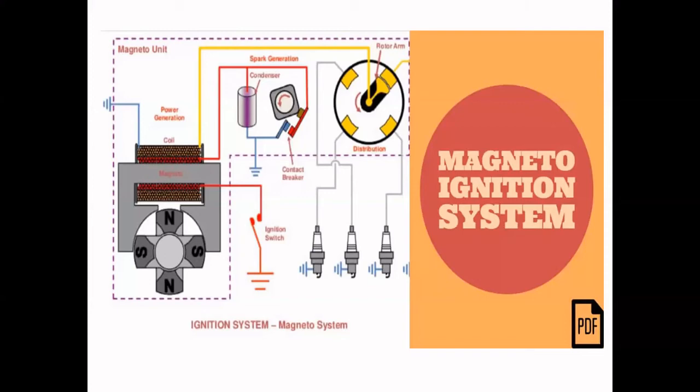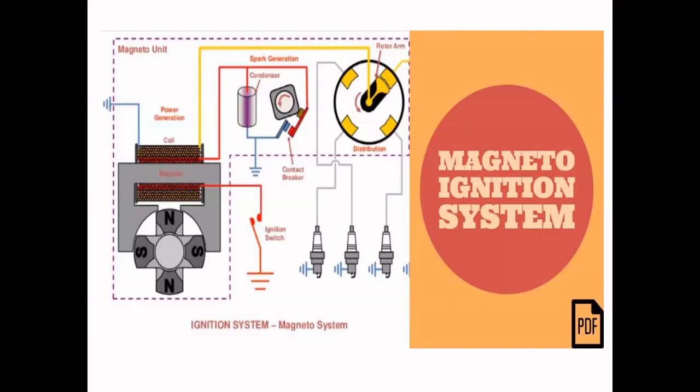The distribution of the high voltage current to different spark plugs is done according to the firing order of the engine. If it is a 4-cylinder engine, it may be 4312 or 1342. There are two types of firing order in 4-cylinder engines.